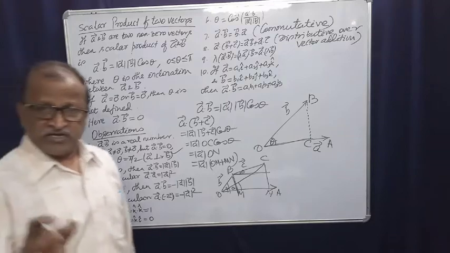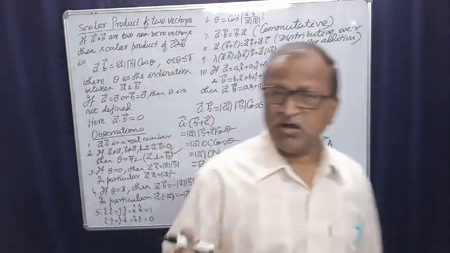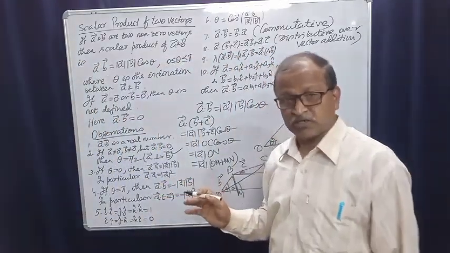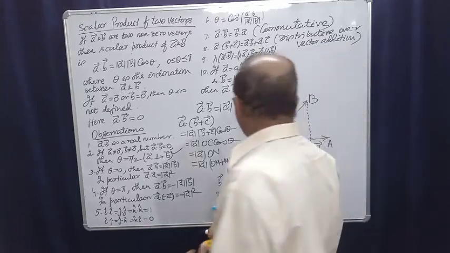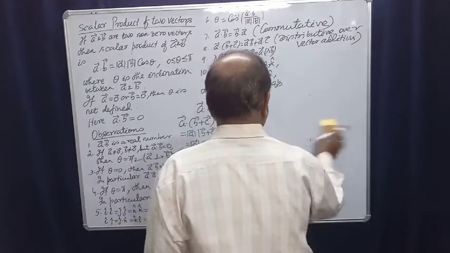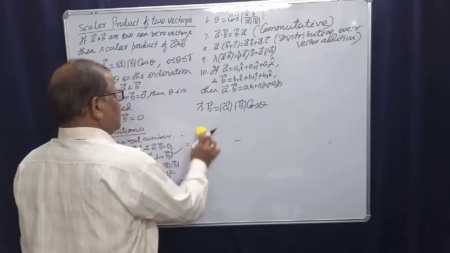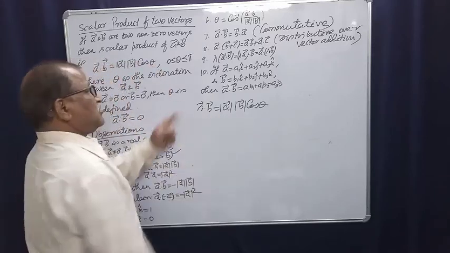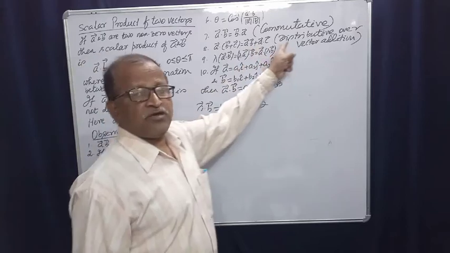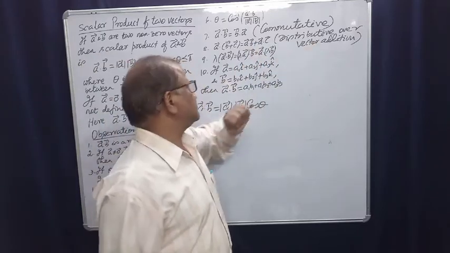We will discuss it in detail when we discuss projection. Anyway, this is how you can prove that dot product is distributive over vector addition.